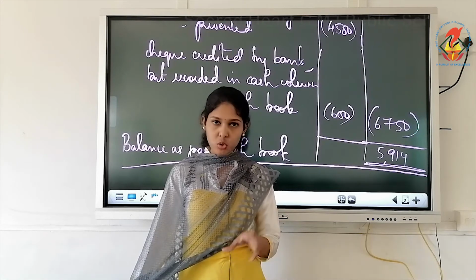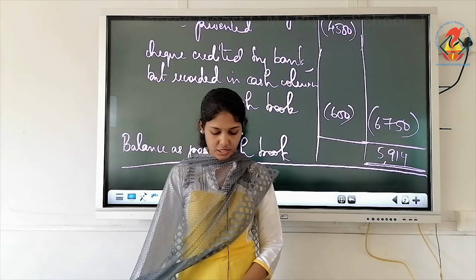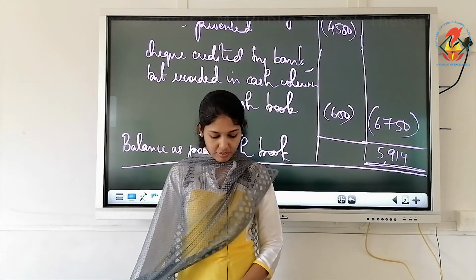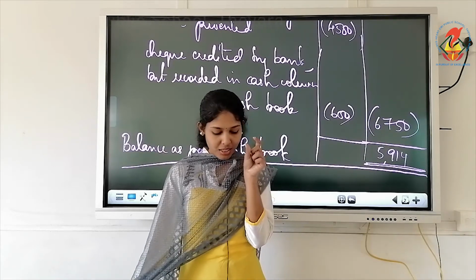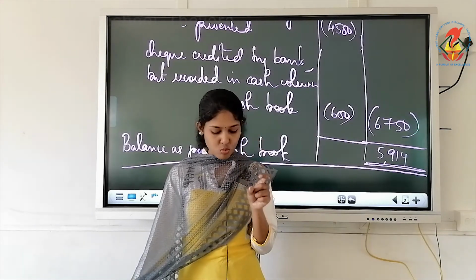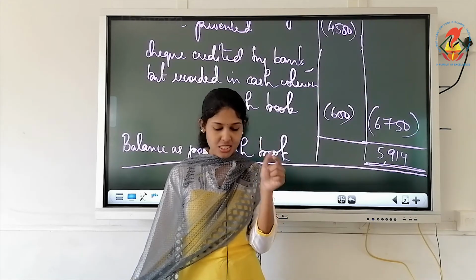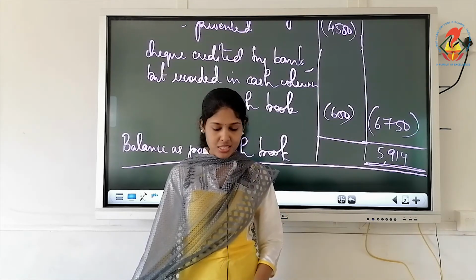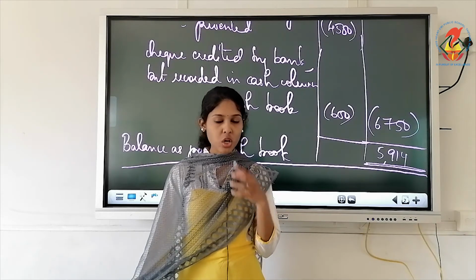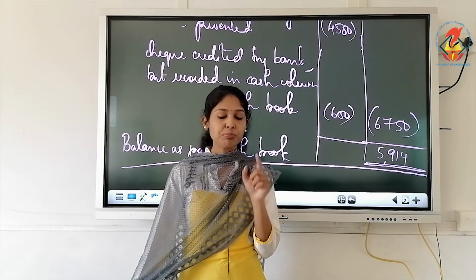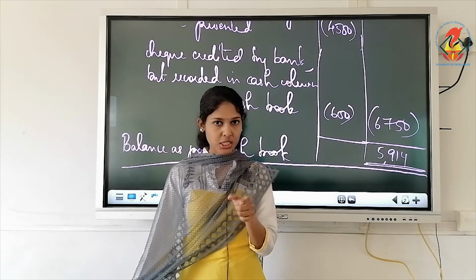Okay, we are doing BRS of Sri Krishan, but it was wrongly credited to Sri Kishan's account. There is a difference in their names. One is Krishan and the other is Kishan. R is missing there in second customer's name. Okay, so you are doing BRS for Sri Krishan.